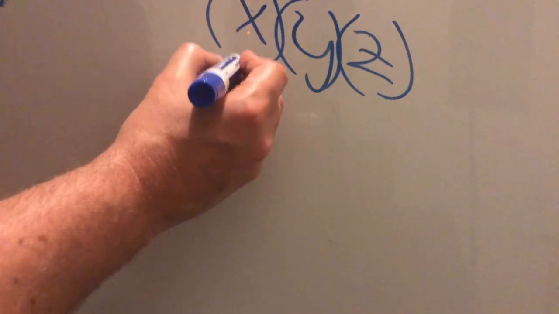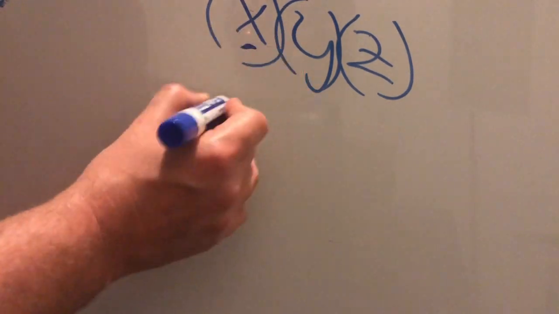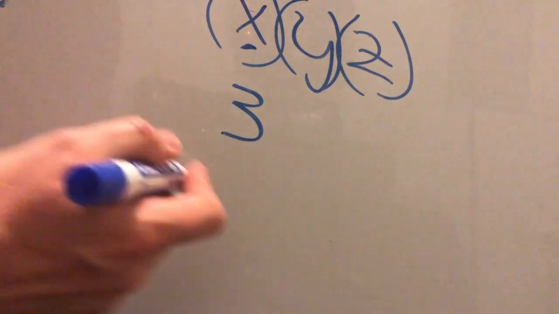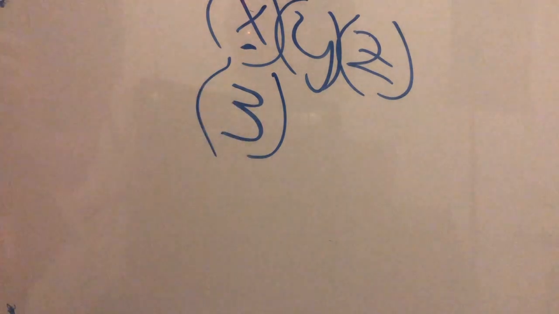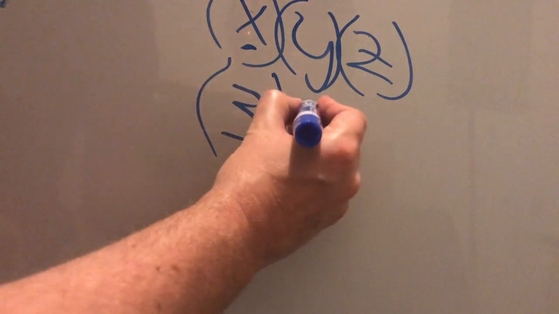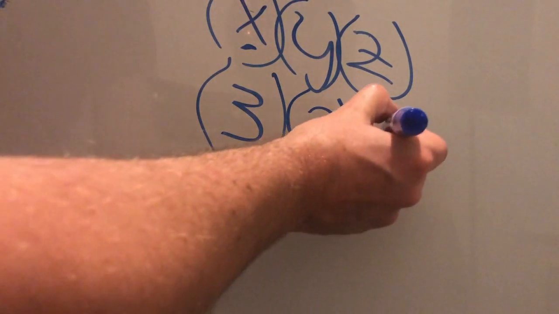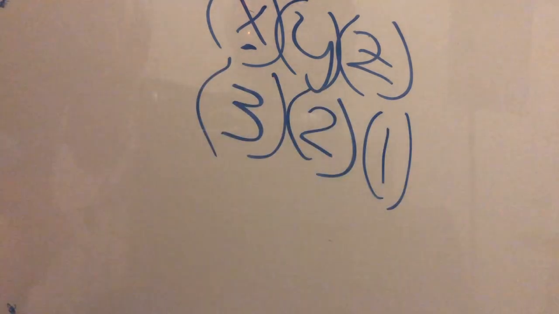So for the first letter, which is X, we're going to have 3 different possibilities. For the second letter, which is Y, we're going to have 2 choices. And for the third letter, which is represented by Z, we're going to have 1 choice.